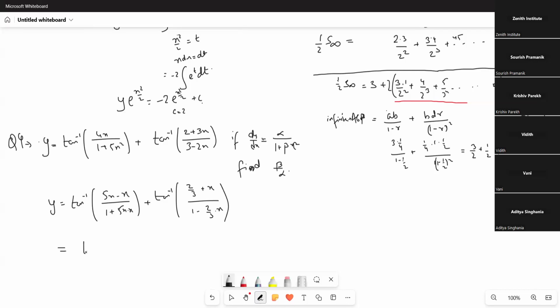So this is tan inverse of a minus b, which gives tan inverse of 5x minus tan inverse of x, plus tan inverse of a plus b, which gives tan inverse of 2/3 plus tan inverse of x. So tan inverse x cancels out. Differentiate, dy by dx would be 5 by 1 plus 25x square, which will give us beta by alpha as 5. So this is the question.